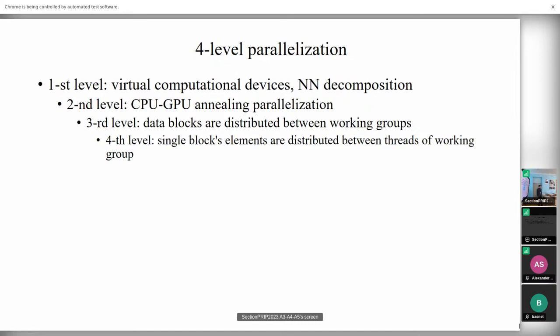It helps us to avoid an imbalanced load of each core of the GPU. Because a GPU has over 1,000 cores, it's a big trouble to load them all at the same time with the same amount of computations. But on the CPU, maybe the third level will be enough. But we use the third and fourth level also for CPUs.